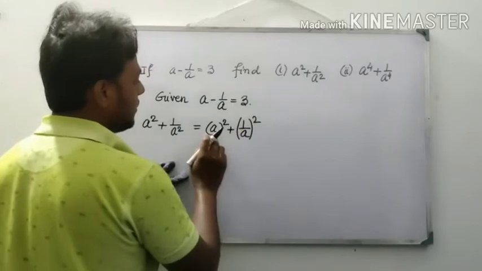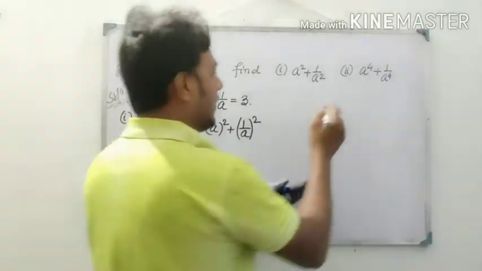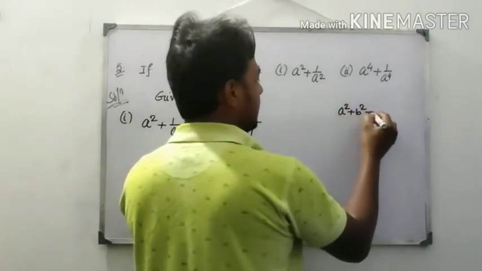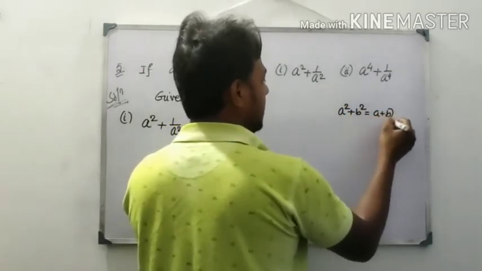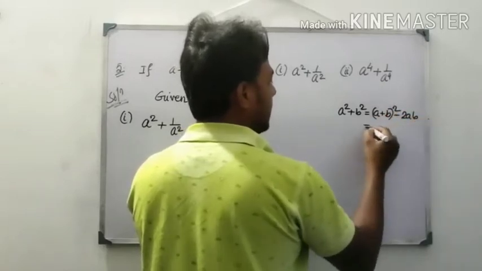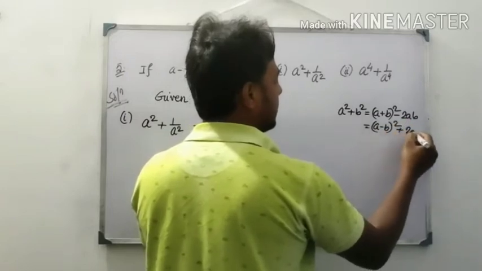So this looks like a square plus b square. See, for a square plus b square there were two identities. A square plus b square equals, one was a plus b whole square minus 2ab, and another one was a minus b whole square plus 2ab.